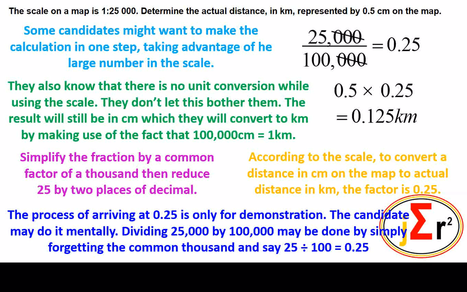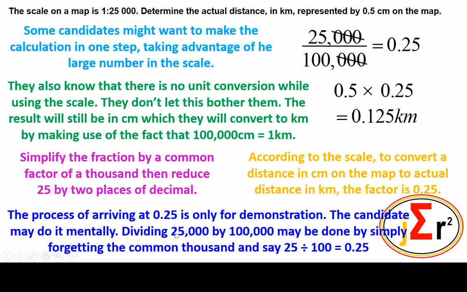Dividing 25,000 by 100,000 may be done by simply forgetting the common thousand and say 25 divided by 100 is equal to 0.25. What do we mean by forgetting the common thousand? 25,000, 100,000. So the thousand is common here and here. So we may just forget about that.